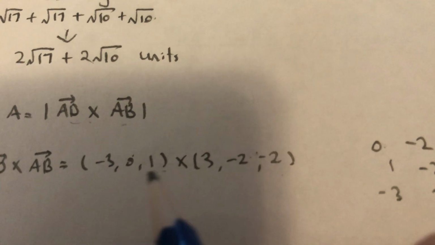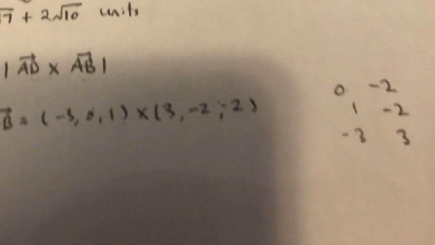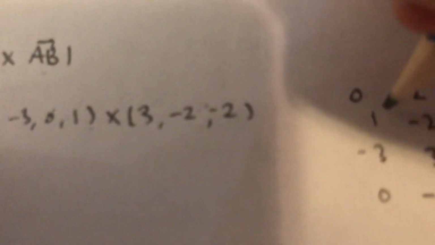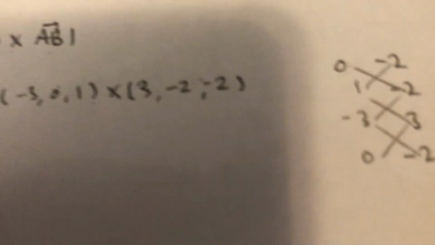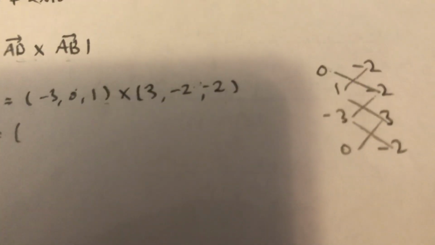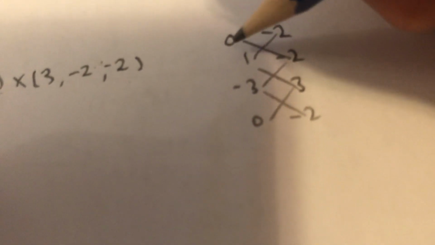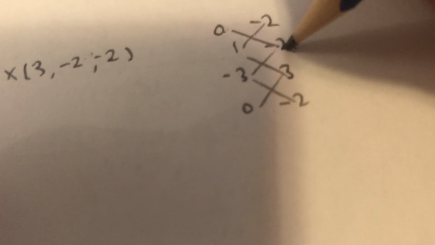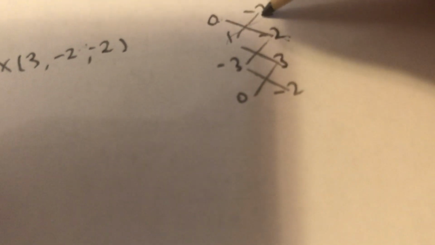And then once again the y values, 0 and -2. And then over here, we want to cross multiply. We take these two and multiply them together, and then we add the product of these two.